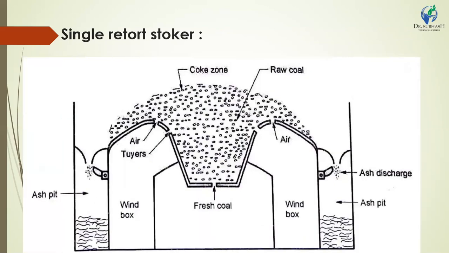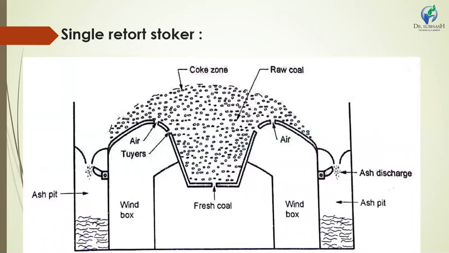Air is supplied through the tuyeres provided along the upper edge of the grate, shown in figure B, and the ash and clinkers are collected. The ash pit is provided with a dumping arrangement. The feeding capacity of single retort stokers varies from 100 to 2000 kilograms per hour.